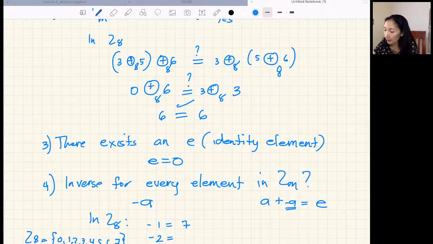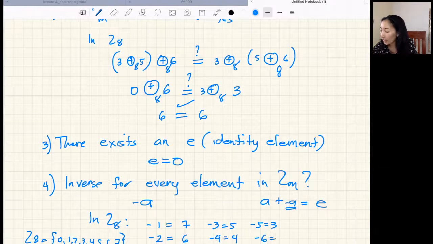That would be 6. And so on and so forth. So, all elements have inverses with respect to addition. Additive inverse of 3 will be 5. Additive inverse of 4, 4. Additive inverse of 5 is 3. Additive inverse of 6 is 2. Additive inverse of 7 is 1.